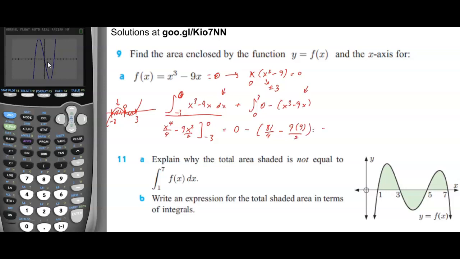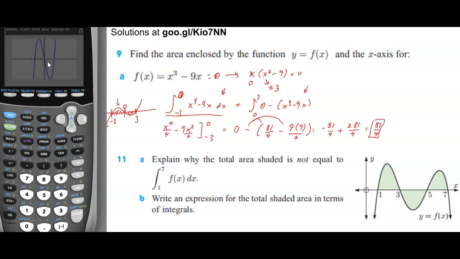So we would have -81 fourths plus, because the negative is distributed, plus 81 halves, which would be 2 times 81 fourths. So if I add these together, I get 81 fourths.